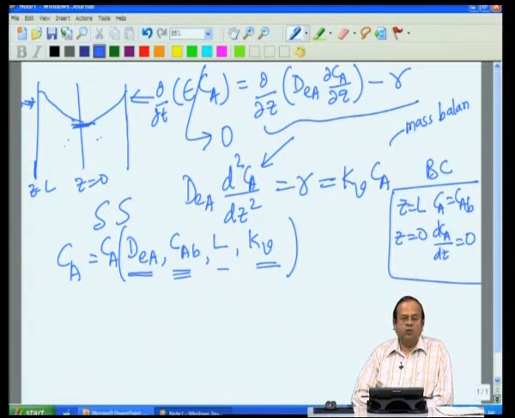But rather than doing this, there is an elegant way of solving this equation by making the equation dimensionless.